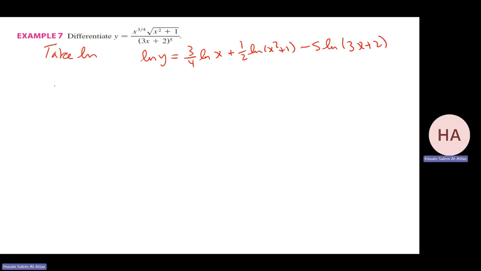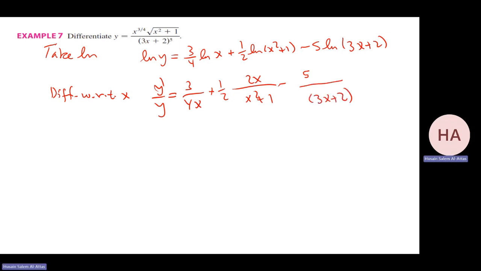So now differentiate with respect to x to get what? y prime over y equals 3 over 4x plus half, this is (x squared plus 1) times 2x, minus 5, and I have 3x plus 2, times the derivative of this, which is 3. So I have 3 over 4x plus x over (x squared plus 1) minus 15 over (3x plus 2). This is y prime over y.